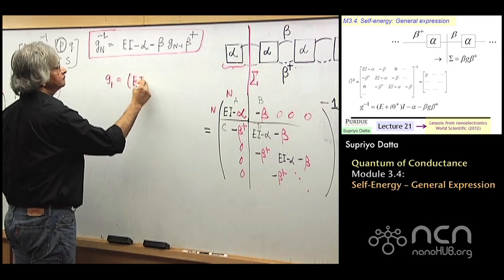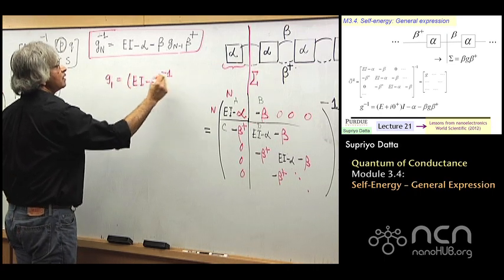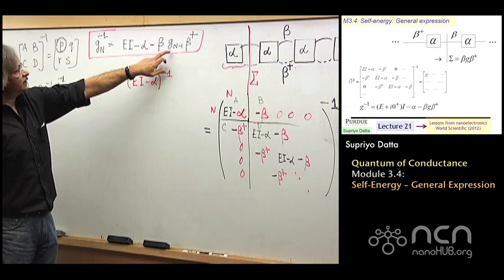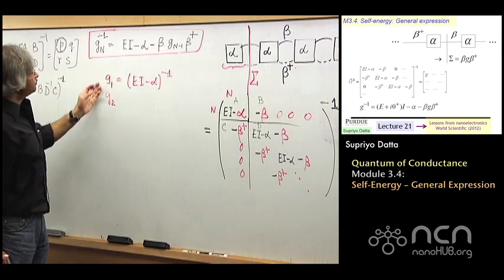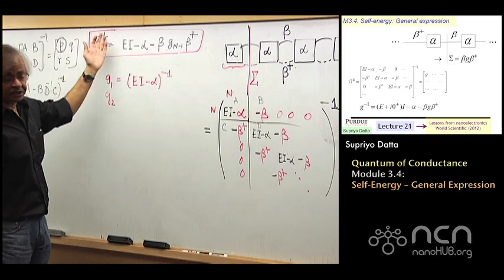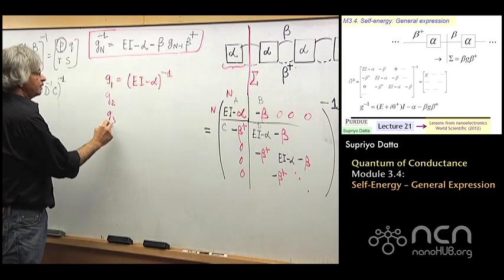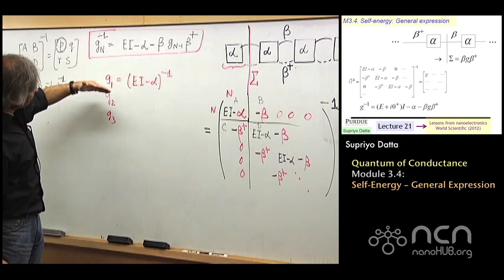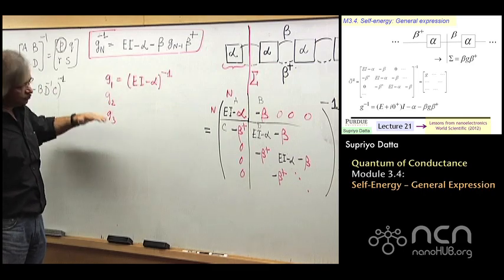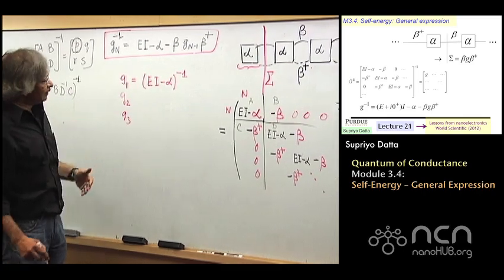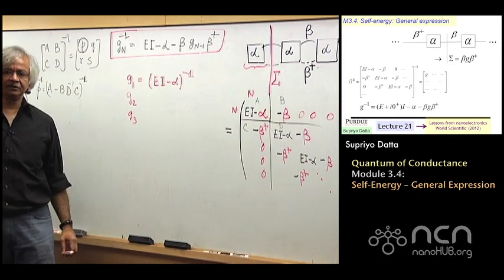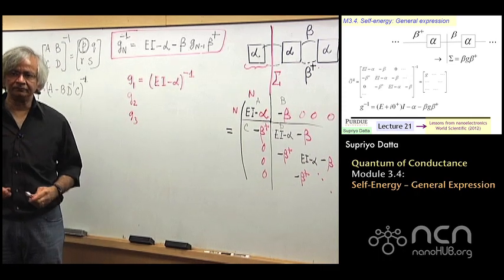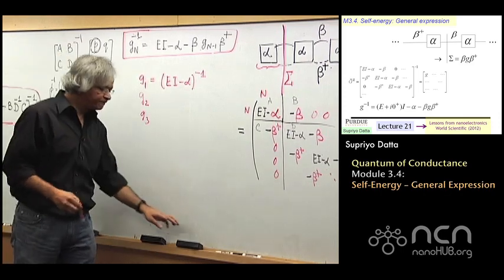That's it. So once you have G1, this equation gives you G2. And once you have G2, that equation gives you G3. And the idea is that starting from G1, you keep iterating, G2, G3, etc., till you get to a point when Gn is not sensibly different from Gn minus 1. That would be it.